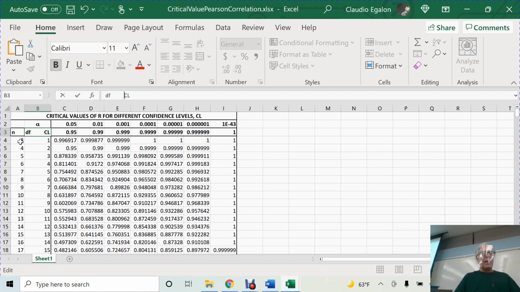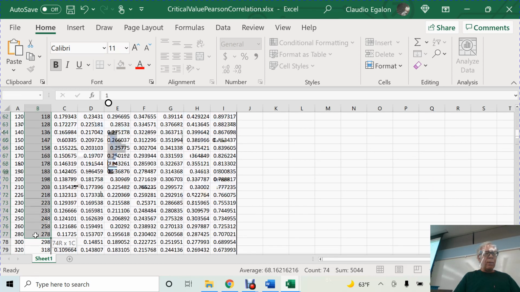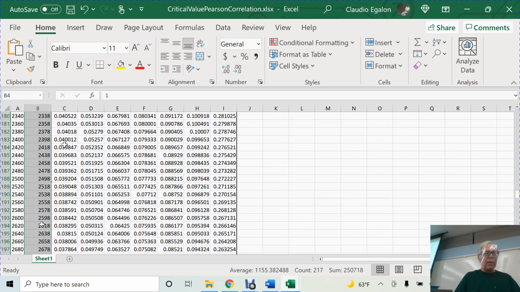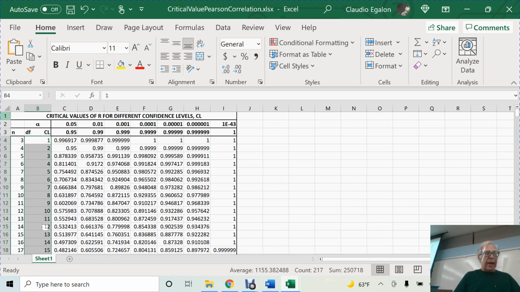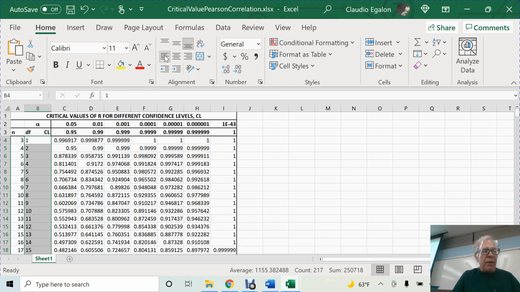Degrees of freedom and n. N is 3, df is 1, right? So there's a relationship between them, right? N is 4, df is 2. So df, degrees of freedom, is what? It is n minus 2.